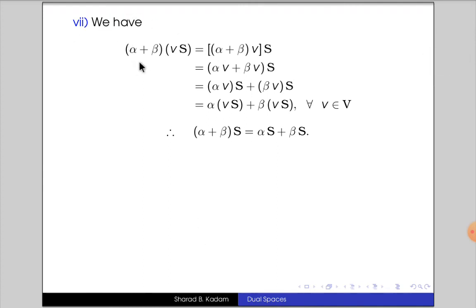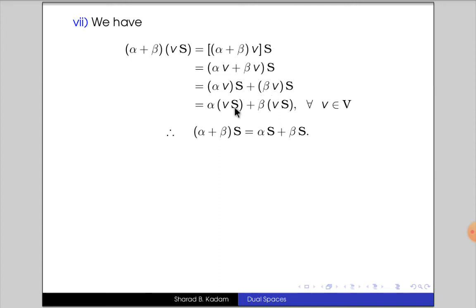Next, we have ((alpha plus beta) into S)(v) equals S((alpha plus beta) v), which equals S(alpha v plus beta v). Since S is a vector space homomorphism, this equals S(alpha v) plus S(beta v).